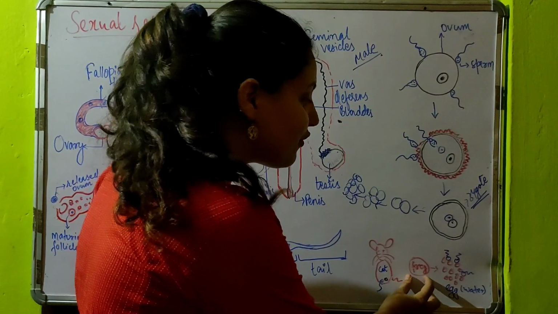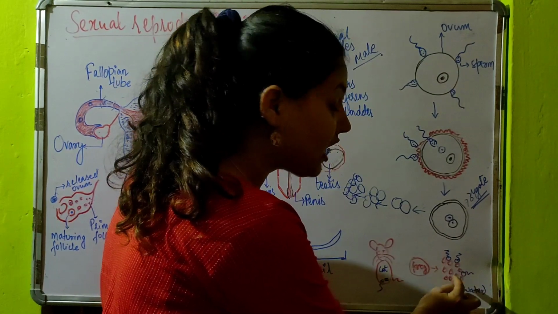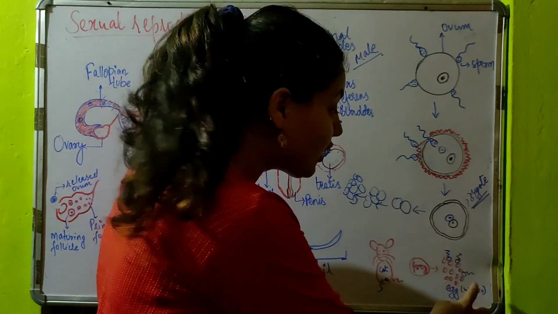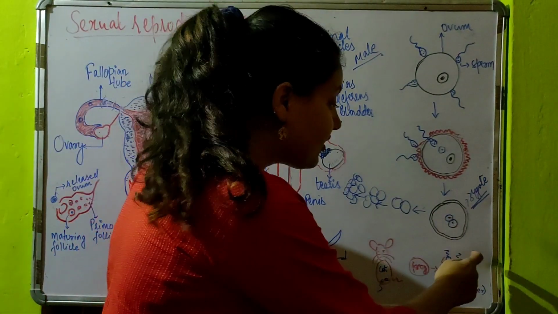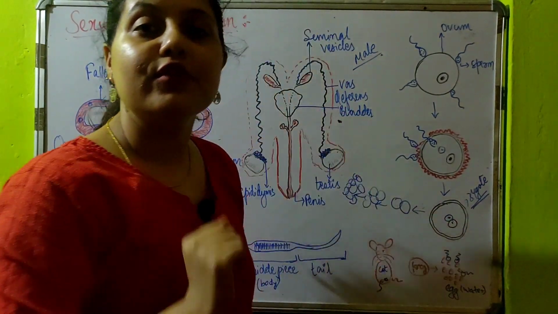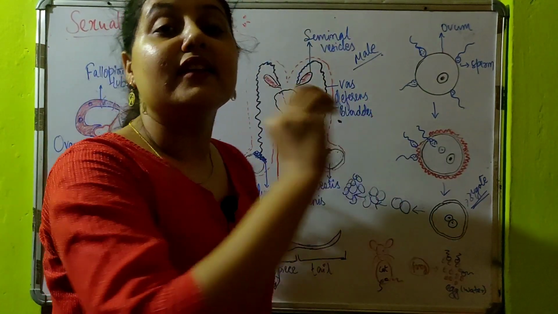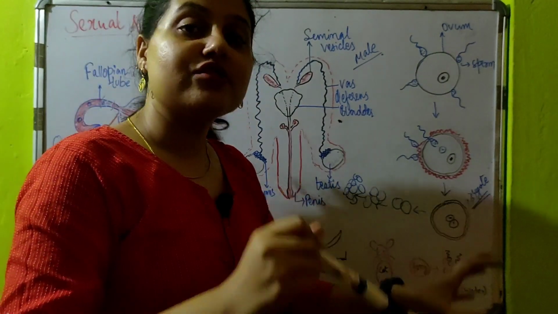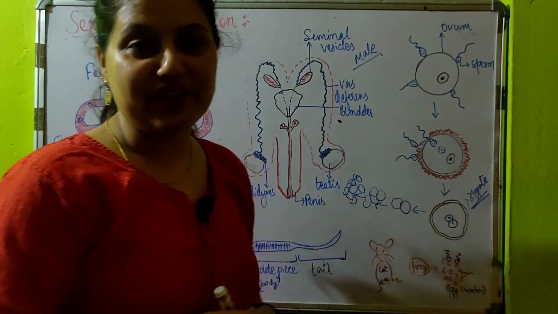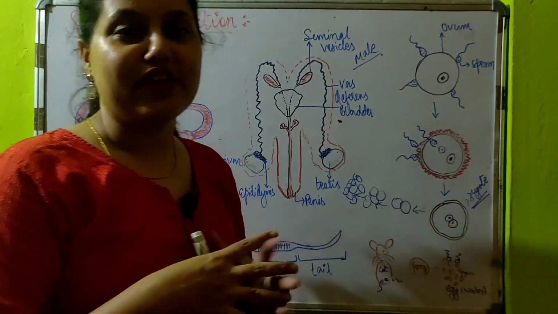And here there is a frog, the frog is laying eggs, thousands of eggs, in the water, and after the frog has laid eggs, only after that the sperm will come and fuse. That means in this fertilization the sperm is not entering the body of the female, but rather the fertilization is happening outside the body of the female, and here the fertilization is happening inside the body of the female.